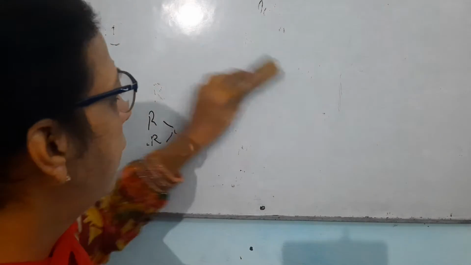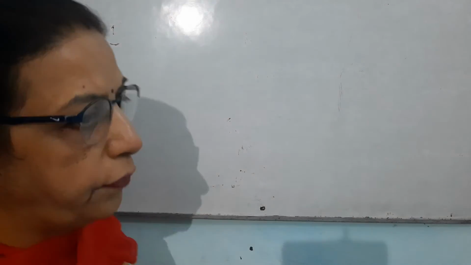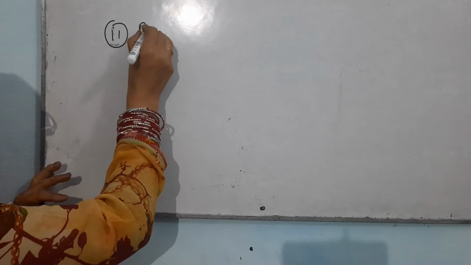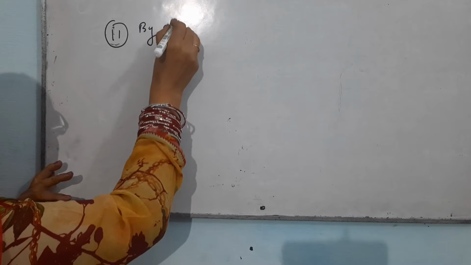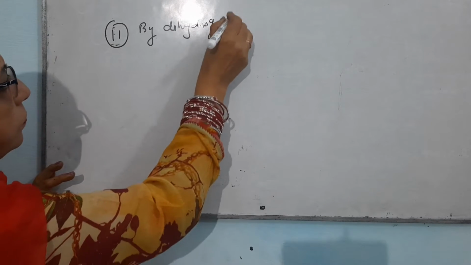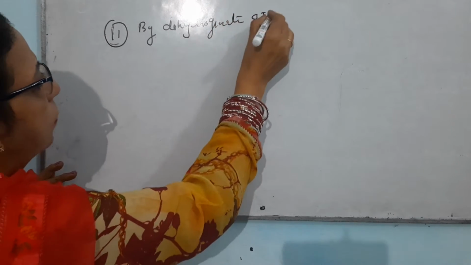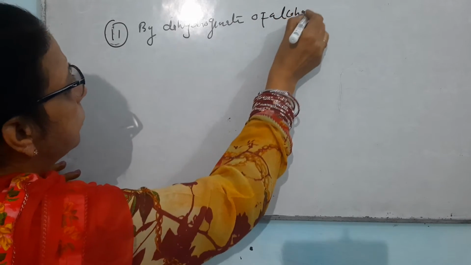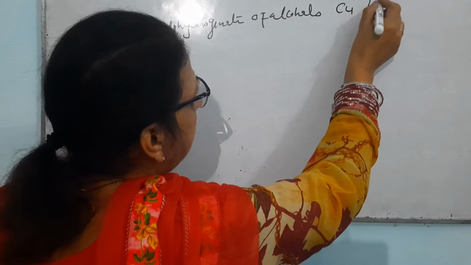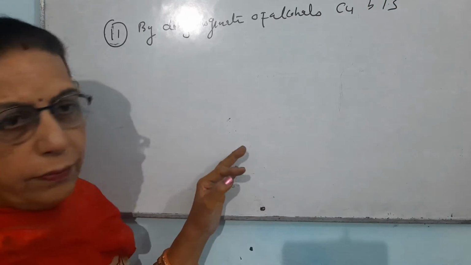The second method for the preparation of aldehydes is by dehydrogenation of alcohols in the presence of copper as a catalyst at 573 Kelvin.